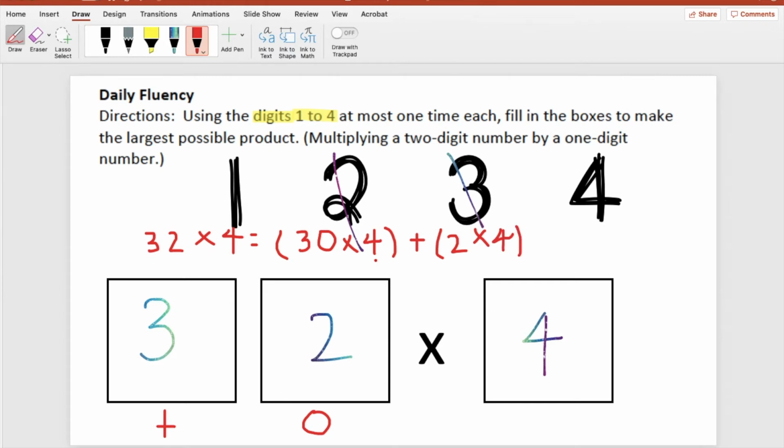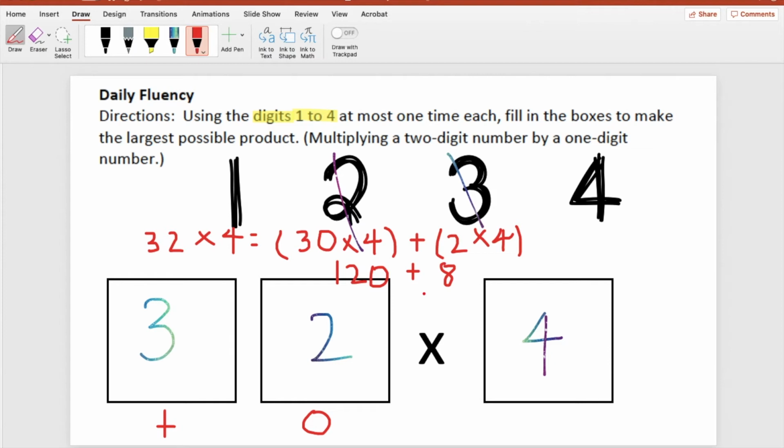We know that 4 times 3 is what? Yep, 12. So 4 times 3 is 12, but 4 times 3 tens is 120, plus 2 times 4 is 8.